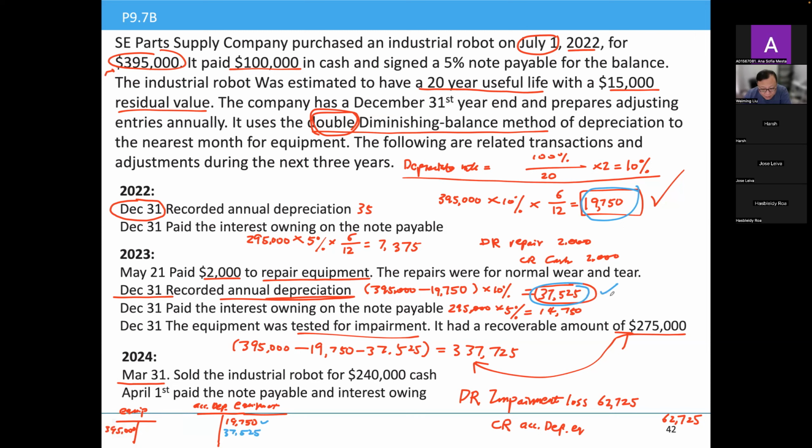And then I also have this credit, right? Credit this account for this amount, 62,725. So that's what goes into my cumulative depreciation on the equipment.